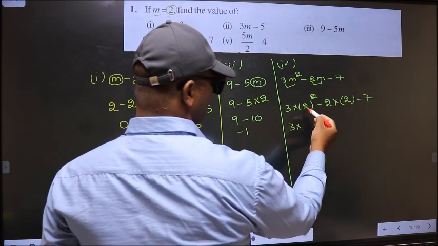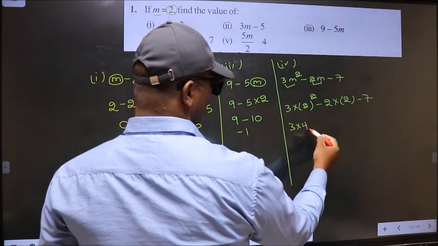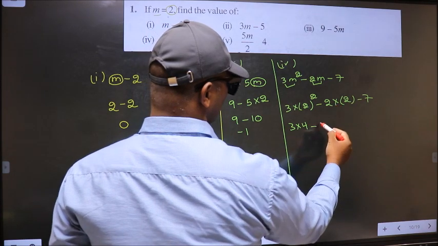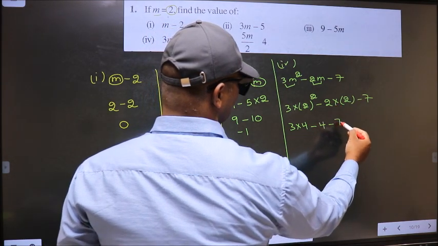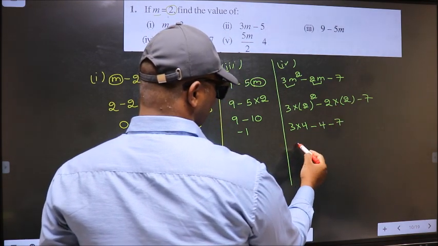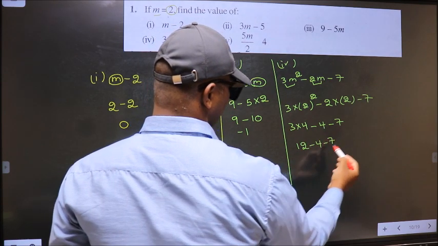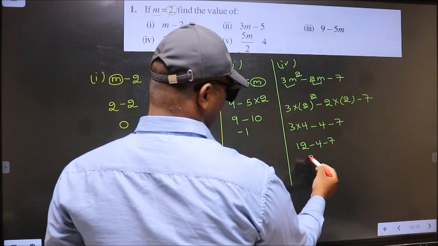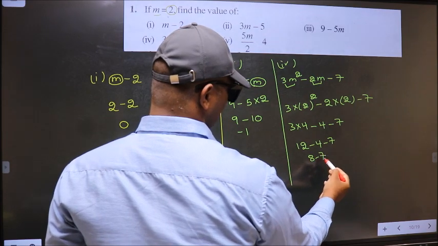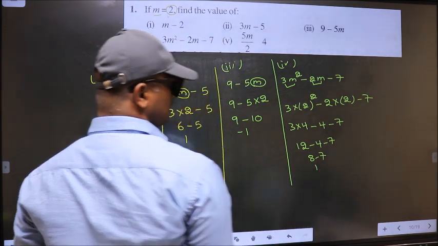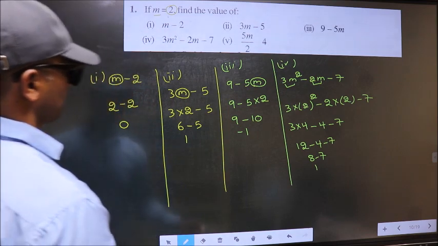So 3 into 2 square is 4, minus 2 into 2 is 4, minus 7. So 3 into 4 is 12 minus 4 minus 7. 12 minus 4, 8 minus 7. 8 minus 7, 1 is the answer for the fourth bit.